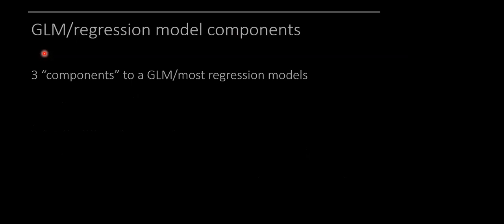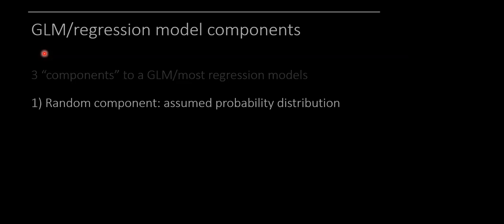So back to GLMs, which is the synonym for generalized linear models. This is the broad family of models that we're going to be thinking about. There are three components to a GLM, and they're the same for most regression models, even if you go beyond that. We've got a random component, which is the assumed probability distribution.